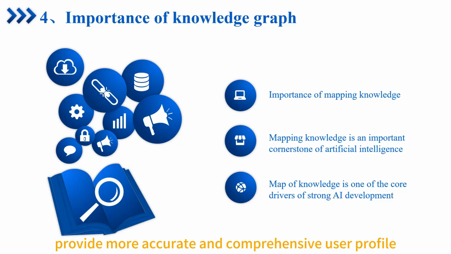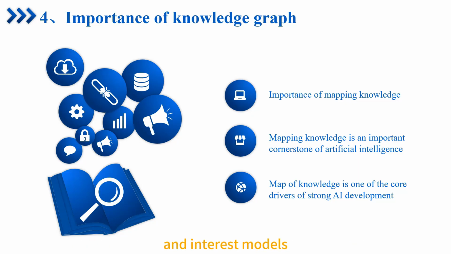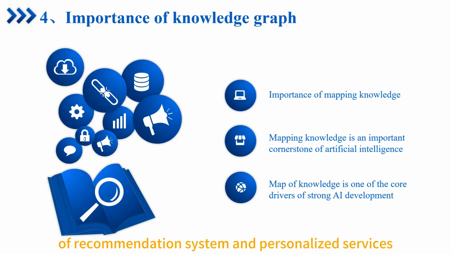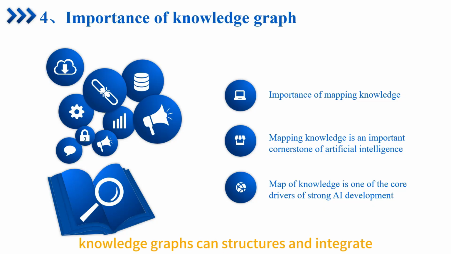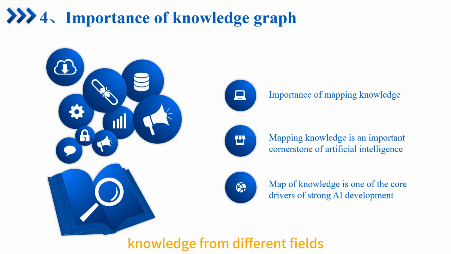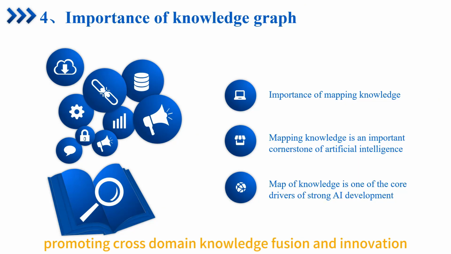Knowledge graphs provide more accurate and comprehensive user profiles and interest models, which can improve the effectiveness of recommendation systems and personalized services. Fourth, it promotes cross-domain knowledge fusion and innovation. Knowledge graphs can structure and integrate knowledge from different fields, helping people to discover and utilize the links and interactions between different domains, and thus promoting cross-domain knowledge fusion and innovation.